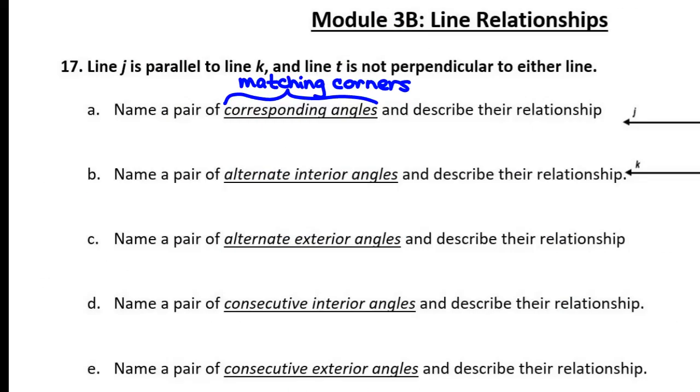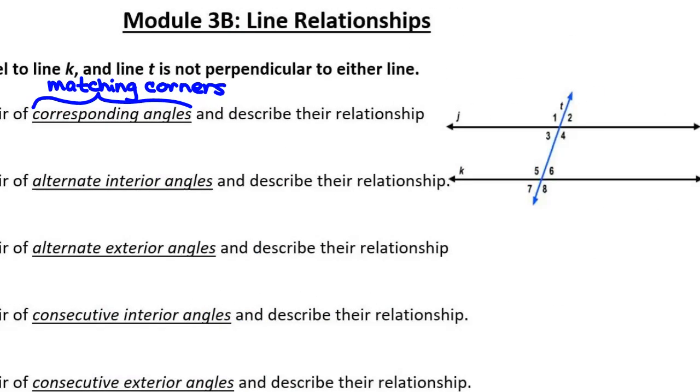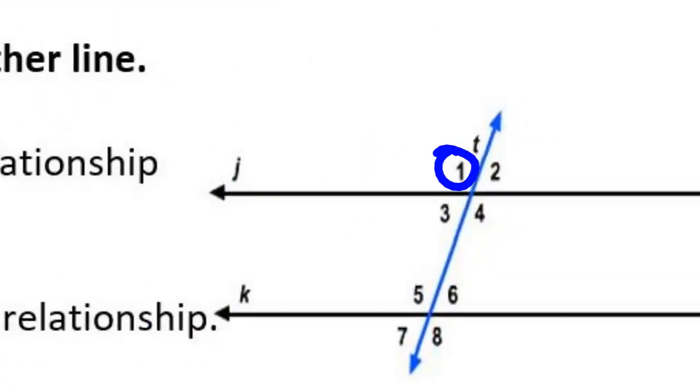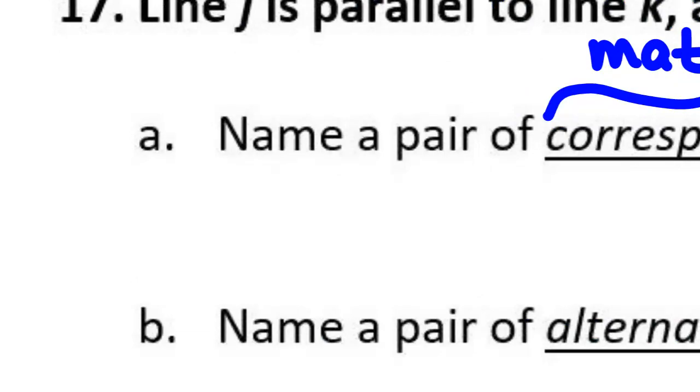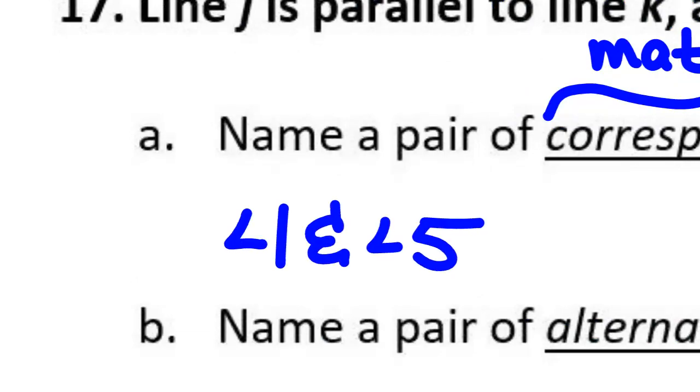There are 4 pairs. You only have to give one of them to satisfy this. Angle number 1, right up here in the upper left corner of where those 2 lines are crossing, would be a corresponding angle to which one down below? Angle 5. Angle 1 and angle 5 are corresponding angles.